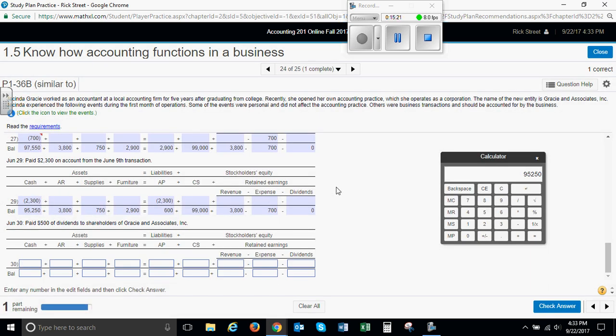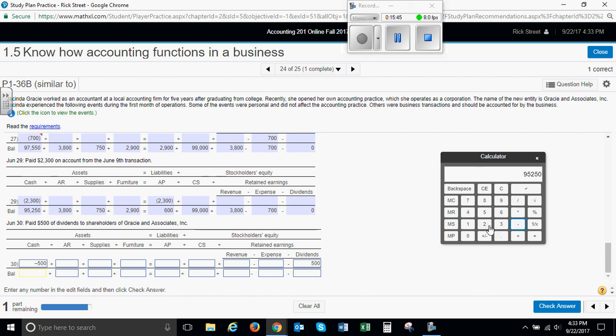Okay. Now on June 30th we paid $500 in dividends. All right, $500 on dividends. Well, that's easy. We always pay dividends out in cash. And we've got a dividend account down here, $500. Again, I entered $500 because there's a minus sign right there. And now we have a new balance in cash.